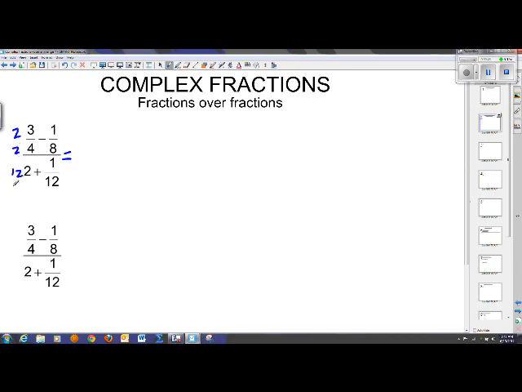And 12 in the denominator, so I'd have to multiply the top and bottom here by 12. All right. I get 6 over 8 in the first term, minus 1/8 in the second term, over 24 over 12 in the first term, and 1 over 12 in the second term.